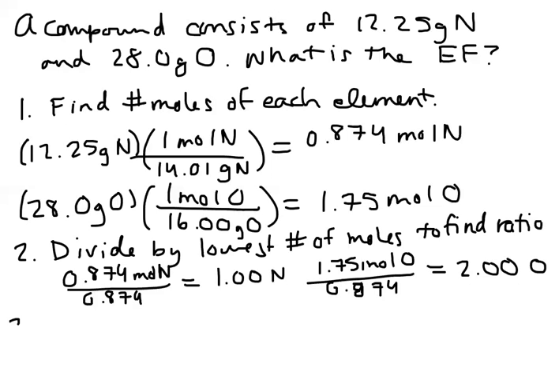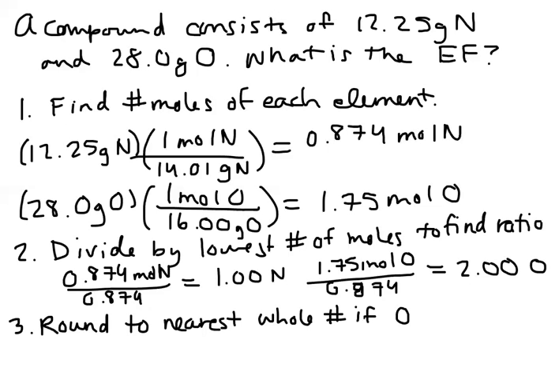Our third step is we round to the nearest whole number if it's within 0.1. What I mean by that is if you get like 2.5, you're not going to round it. I will tell you what to do with that later. But if we round these two numbers to the nearest whole number, we get 1 and 2, right?